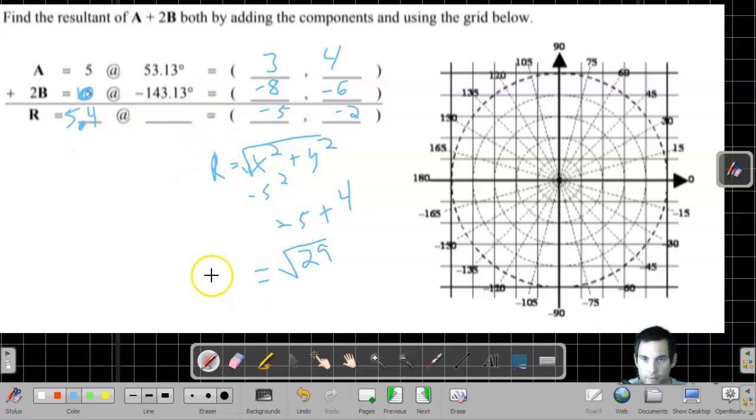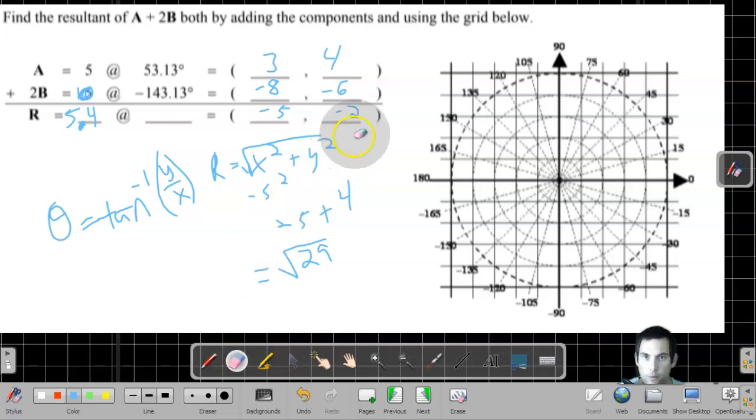5.4. Now, for the angle, we can use the angle formula. Theta equals arctan y over x. So the y component is -2, and the x component is -5. I didn't mean to erase that. -2, and then -5.